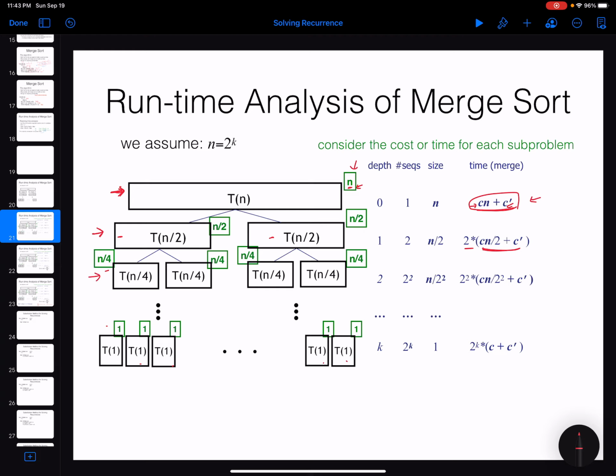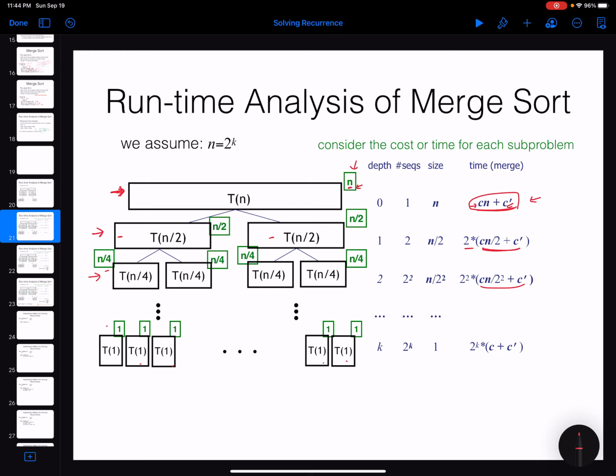In the second level, I have 4 boxes, each with a cost of Cn divided by 4 plus C prime. You can see that I just wrote n divided by 4 as 2 to the power 2.